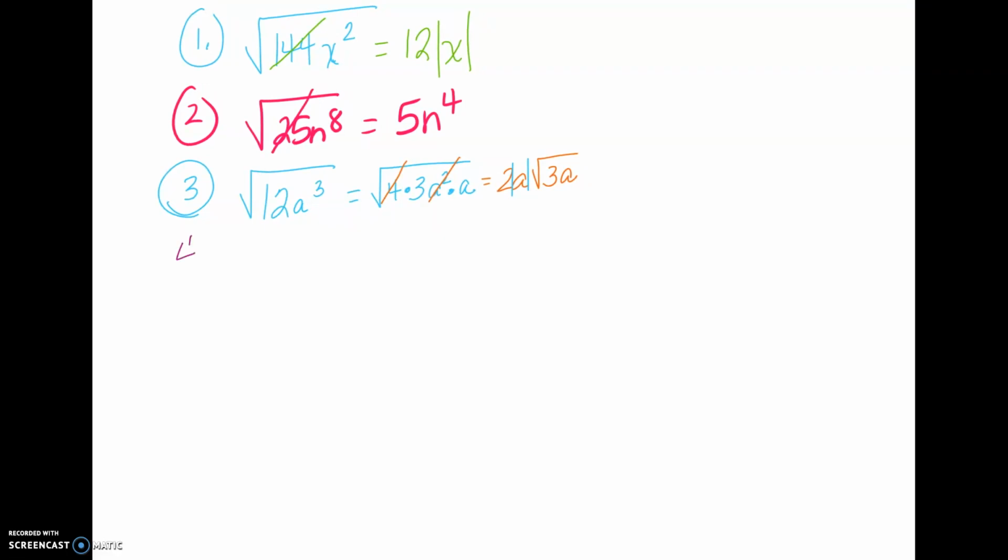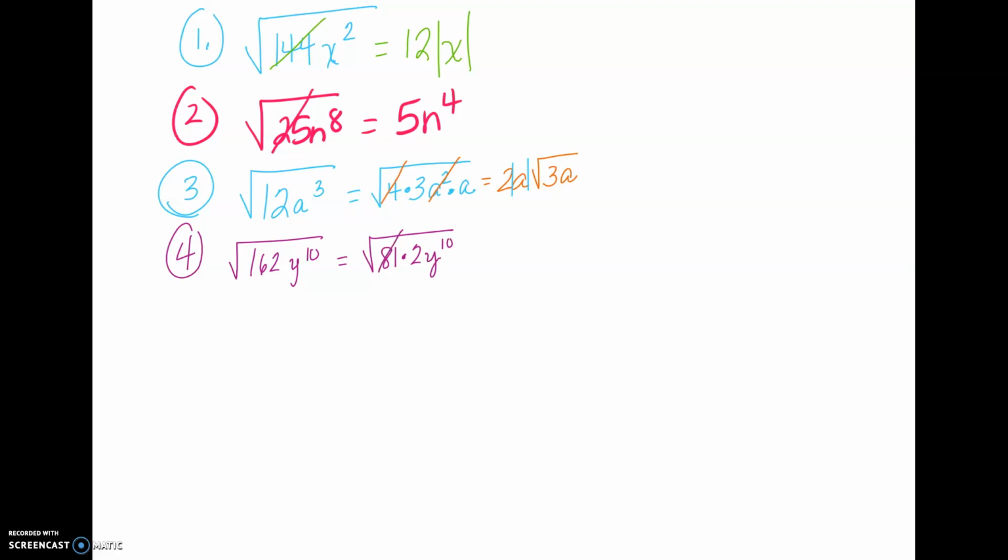All right. Number 4: the square root of 162 y to the 10th. Okay, 162 is not a perfect square, but I know that 81 times 2 is 162, and 81 is a perfect square. y to the 10th is a perfect square because I can take half of 10.